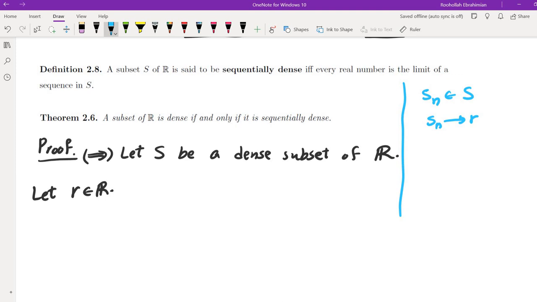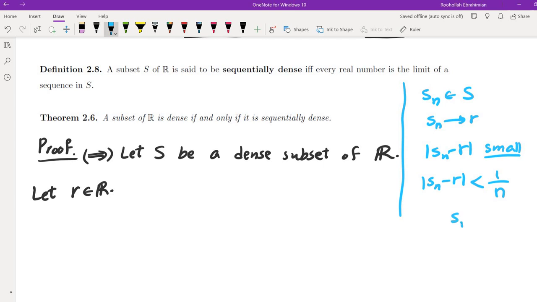So how do we do that? What we would like is for s_n minus r to be small. So we can just make sure that the absolute value of s_n minus r is, let's say, less than 1 over n, because 1 over n goes to 0. Therefore, if I make sure that s_n minus r is less than 1 over n, then I would be done.